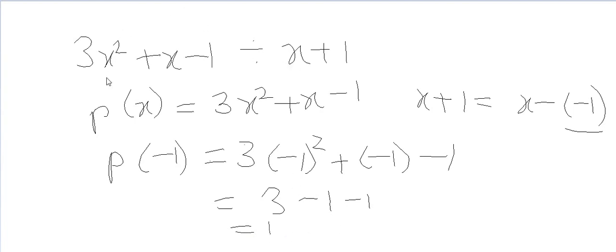So the remainder when 3x squared plus x minus 1 is divided by x plus 1 is 1. You can verify this, as previously in this video we had calculated the remainder by actually dividing and we got the same remainder 1. Hence the remainder theorem is also verified.